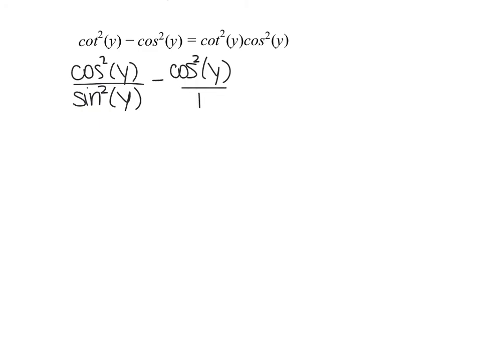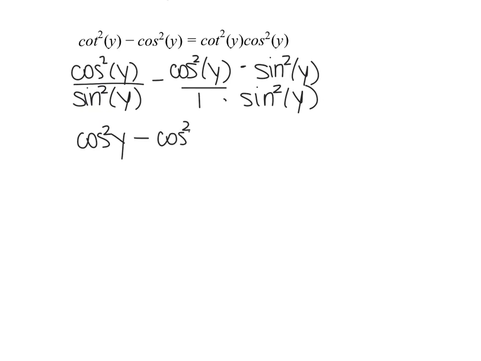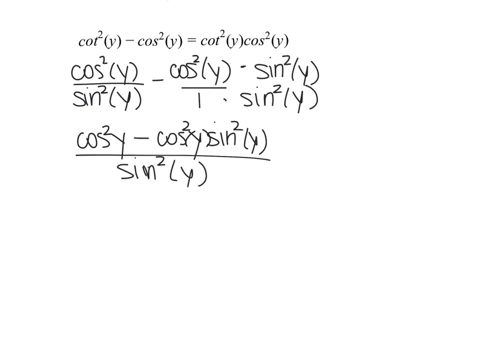Now we have two fractions. We want them to have common denominators. So I'm going to multiply the cosine squared of y by sine squared of y in the numerator and denominator. So we're going to get cosine squared of y minus cosine squared y sine squared y all over sine squared of y.